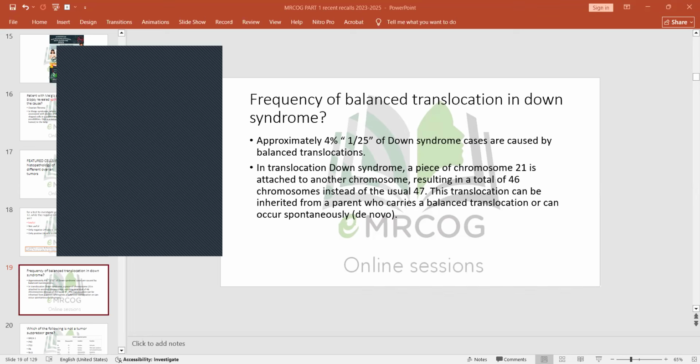It's about 4%. And I'm not really sure of the number that appeared in the exam because none of them were correct. So I don't really know what appeared in the exam, but I think it appeared like 1 in 20, 1 in 40, 1 in 400, and so on. Robertsonian is one of the types, yes. I'm trying to get you a table that is going to help you a lot.